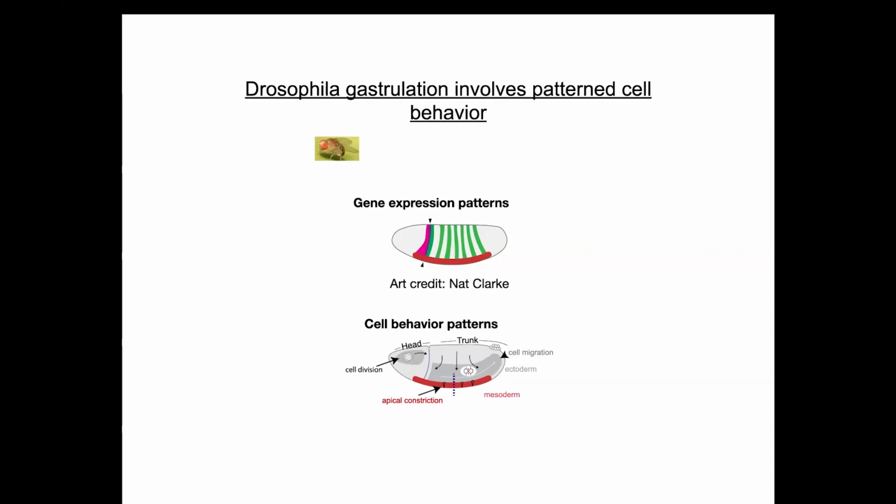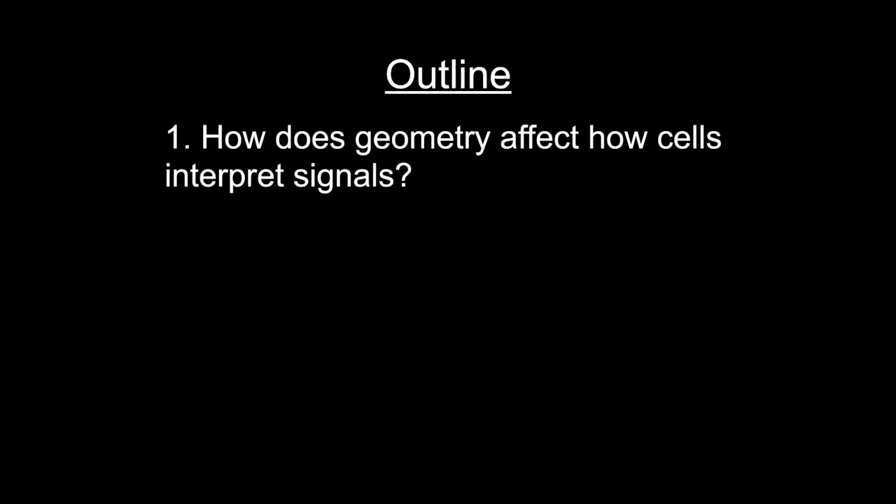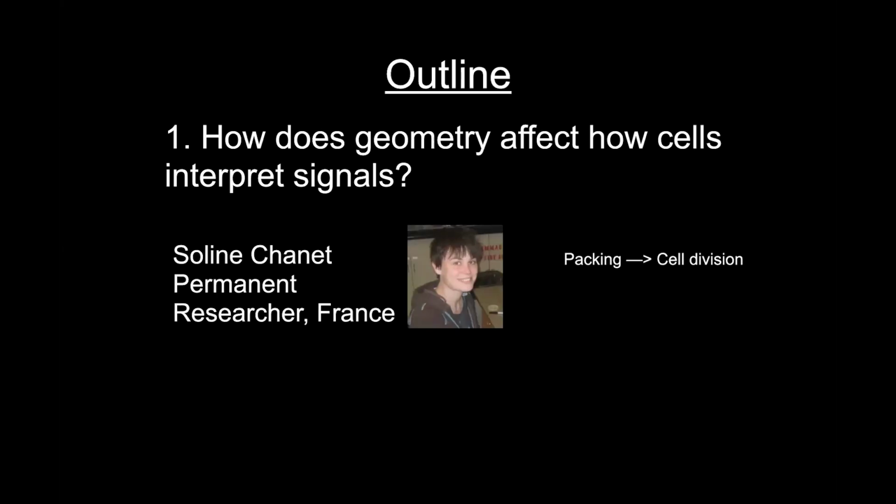All right, so the first story I want to tell you about is how does geometry affect how cells interpret signals? I'm going to tell you about work done by Céline Chanet, who's a former postdoc in my lab, who's now a permanent researcher in France. And her story is that she showed how the packing of cells in an epithelium is actually important for cell division orientation.